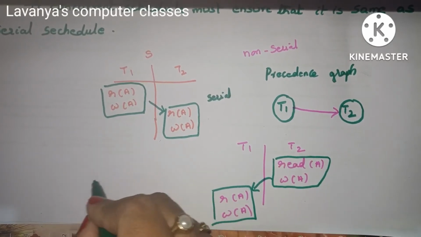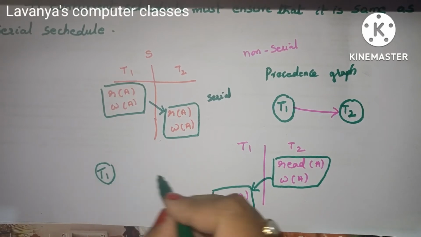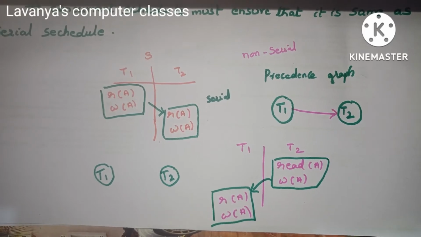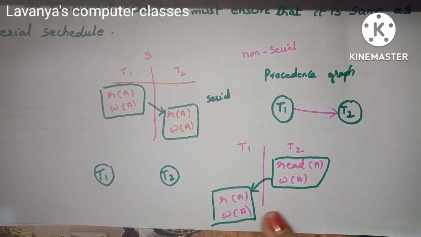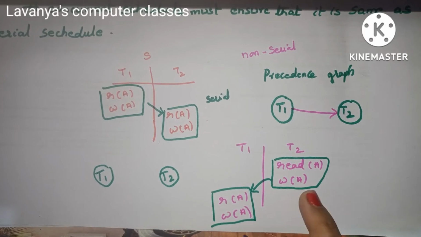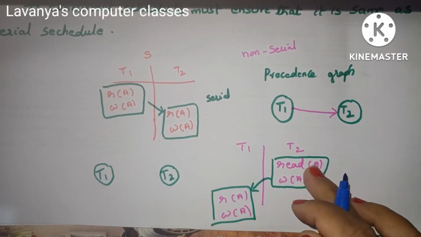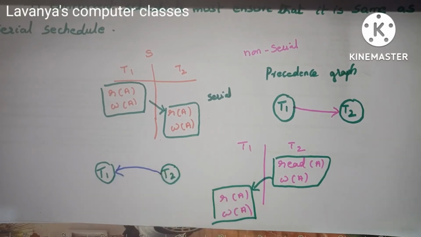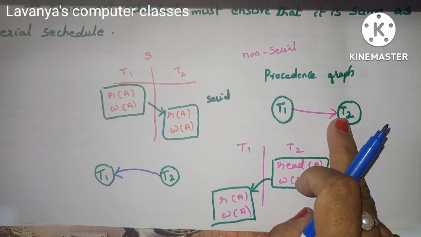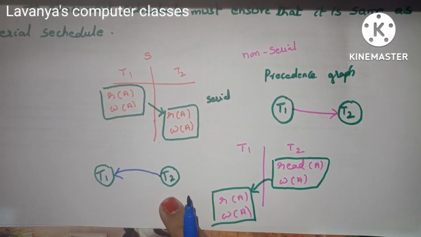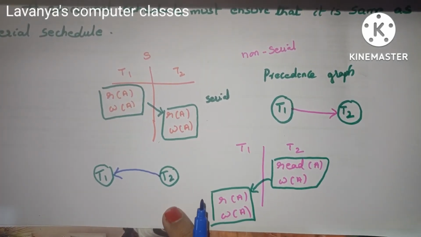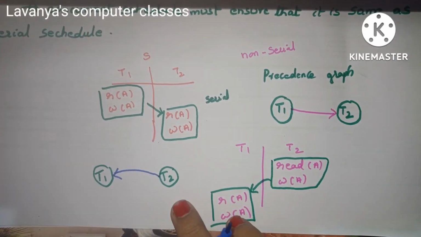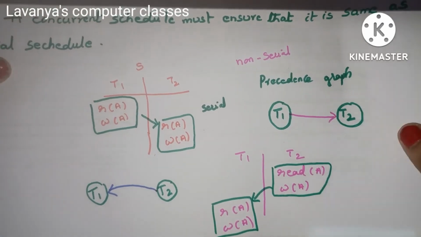There are two transactions, so T1 and T2 are the two nodes. Now we create an edge, which shows the order of the transactions. Here the first is T2, then T1, so we draw an edge from T2 to T1. This is the precedence graph for this serial schedule. In the earlier example, T1 completed first, then T2. In this example, T2 is completed first, then T1. So these are both serial schedules.